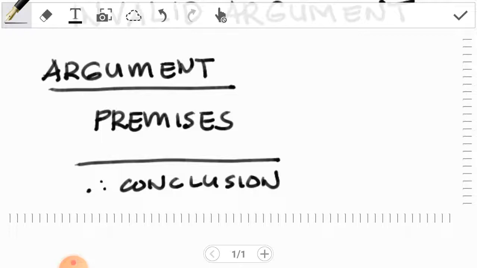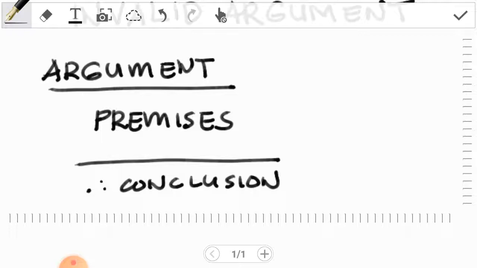Since we have mentioned before that we will be dealing with deductive arguments, a deductive argument basically means that the conclusion is definitely derived because of the premises.